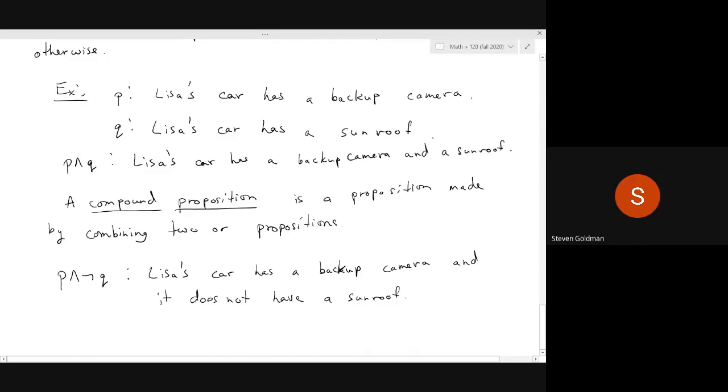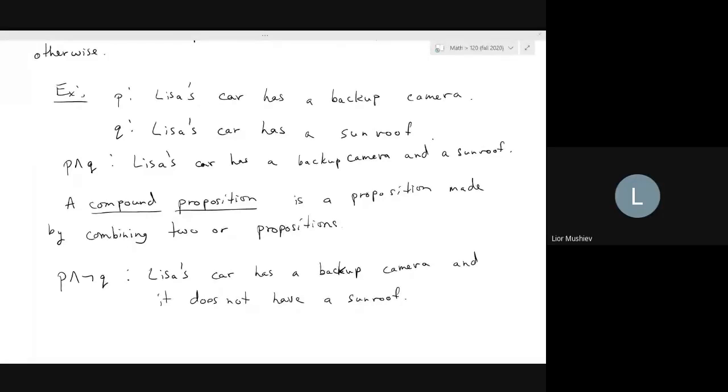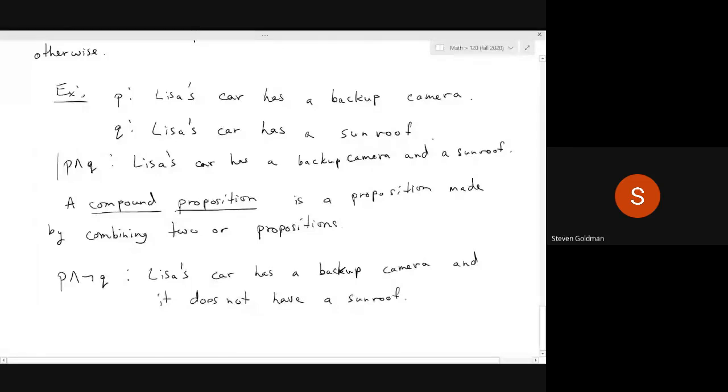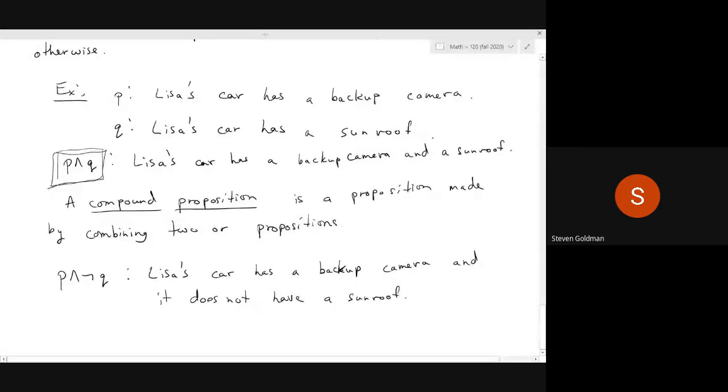Professor, yes. What does that mean? Compound proposition is a proposition made by combining two or propositions. Oh, so I just mean that, for example, this would be a compound proposition, P and Q, because it's a sentence made up of multiple propositions. Thank you. I forgot the word more. Oh, I see. Thank you. Thanks for pointing that out. Okay, good.